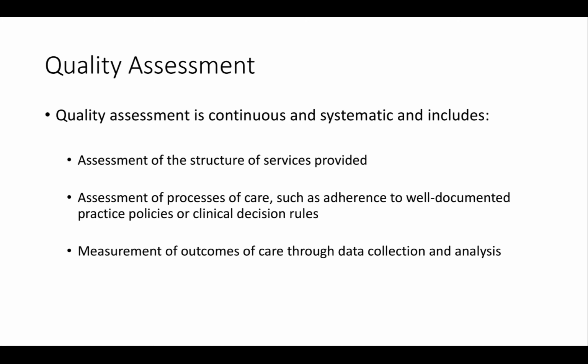So within all areas of practice, we should be constantly assessing or reflecting in a very continuous and systematic method to be sure that we're doing the right things, that what we're doing is working and it's benefiting our patients, and we're meeting our goals and meeting our obligations to our patients and to our peers and to society.